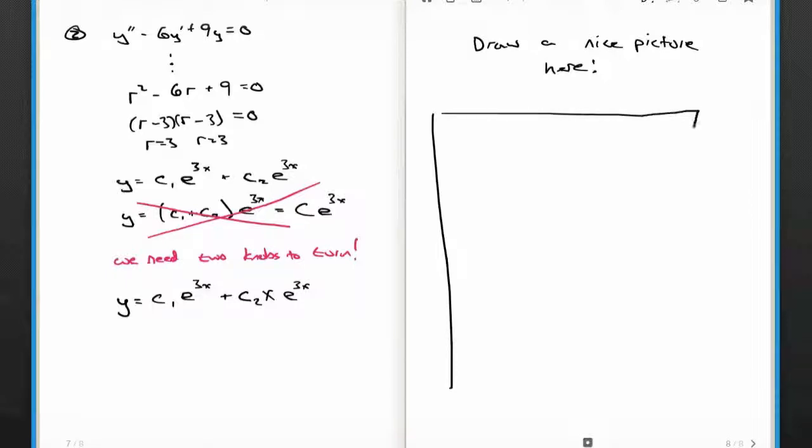And maybe during class, we'll have a little show and tell, who drew the nicest pictures. So this is going to be a two-page example. I bet you can guess which one this is going to be.